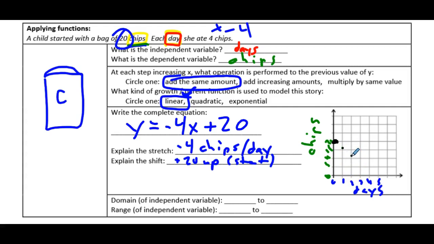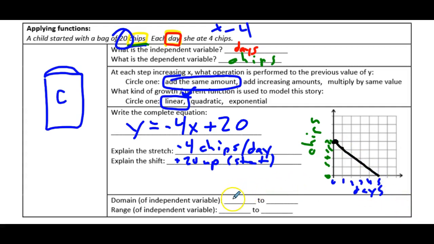And on day 3, I've lost 12 chips, so I'm down to 8. And on day 4, I've lost 16 chips, so I'm down to only 4 chips left. And on day 5, I have hit 0 chips. And technically, this function could continue, but we know that doesn't really make any sense. So we're going to actually stop our graph because once the chips are out, the fun stops.